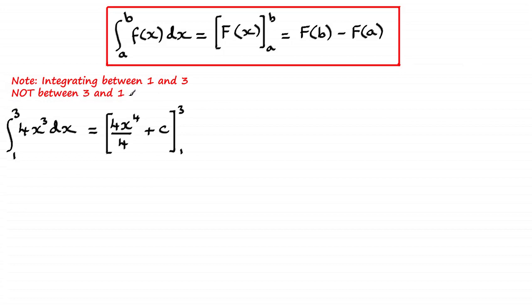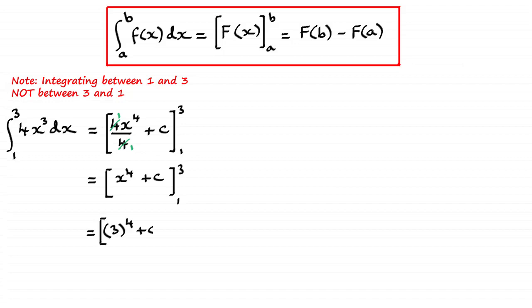Now in this example, I can see that those 4's cancel one another out, so it'd be quite good to take that opportunity. And so we're left with x to the power 4 plus c, going from 1 to 3. So that's our result there. Now we substitute the 3 in for x, and we subtract what we get when we put the 1 in for x.